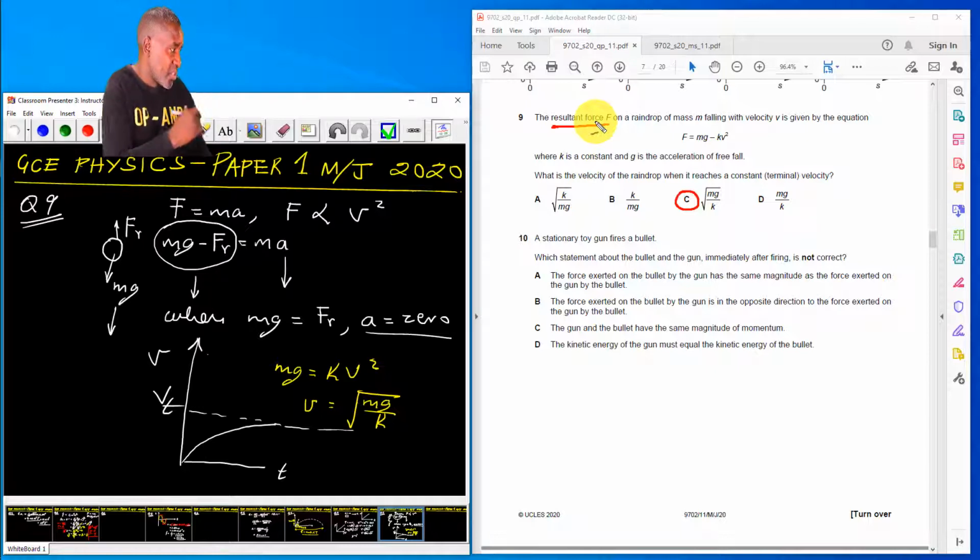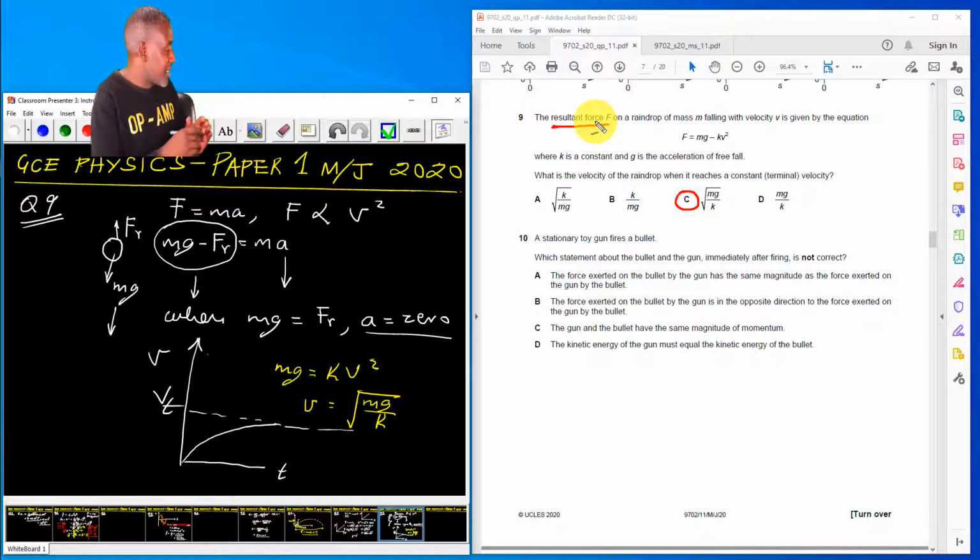And that is why I wrote F is equals to ma over there. And then that leaves me now to imagine how the ball is moving. It's falling downwards, but its velocity is increasing. And then suddenly I ask myself, is it falling through air or through vacuum? It is through air, so there must be air resistance. And air resistance increases with the speed. Therefore, that quantity that represents air resistance must be increasing.